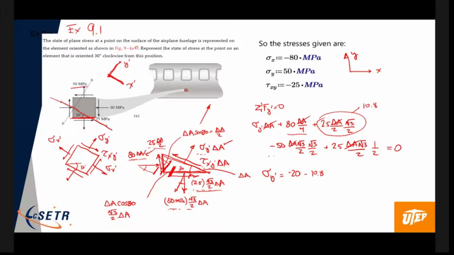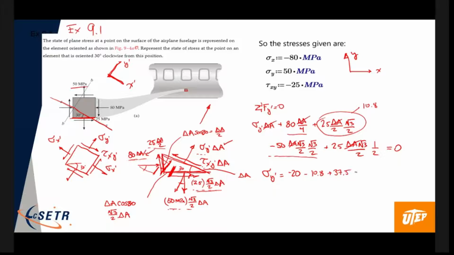This one here, all right, 50 times rad 3 divided by 4, times, because I got 2 radical 3's there, this becomes 37.5. It's a negative, and then I swing it over to the right, I get positive.